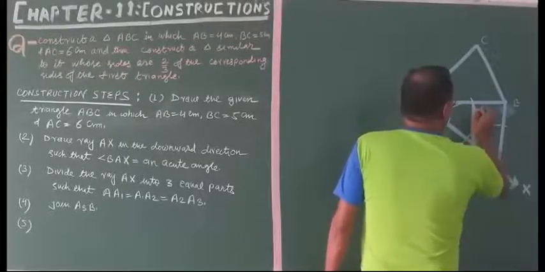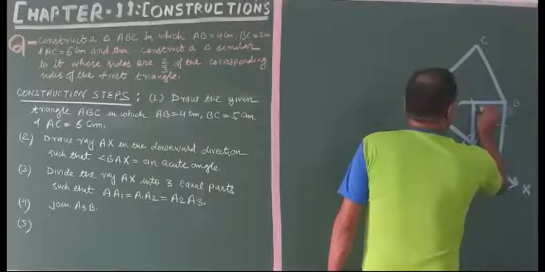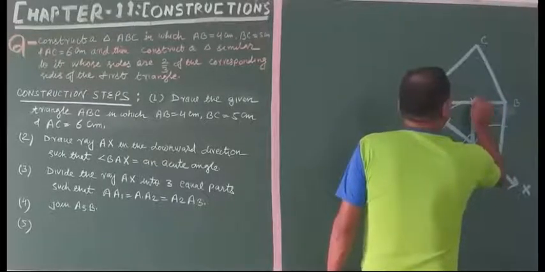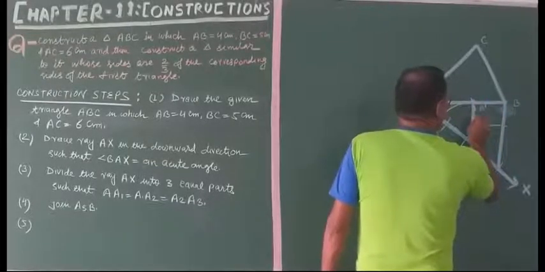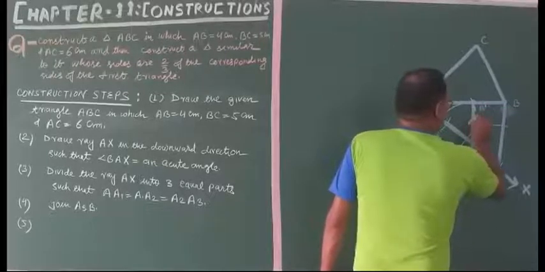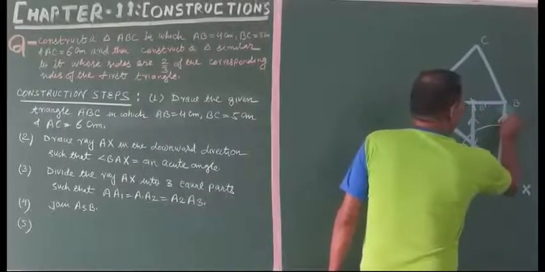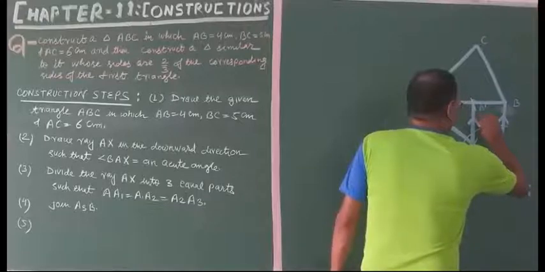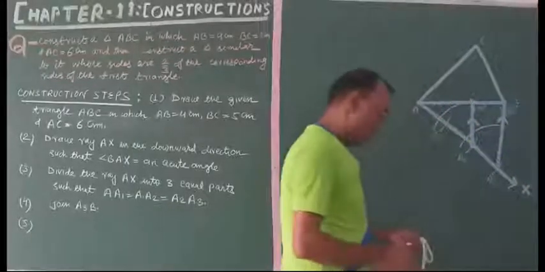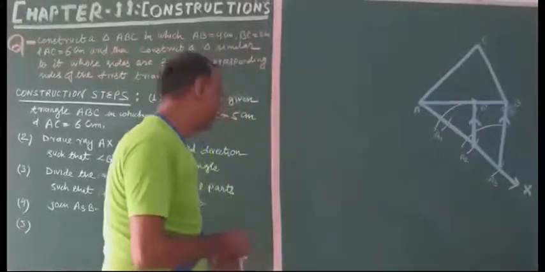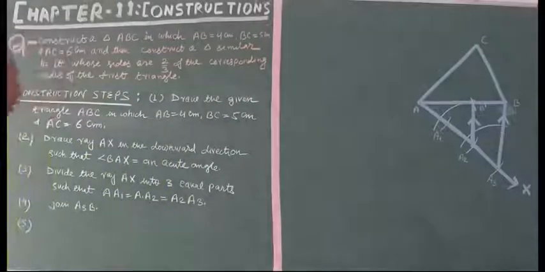Suppose this intersects at point B dash, and this line is parallel to this one. So now, what is our next step?